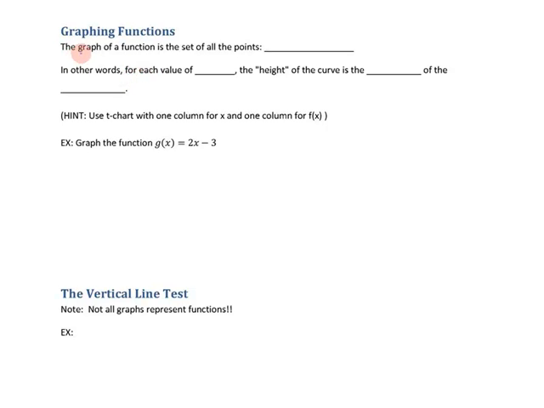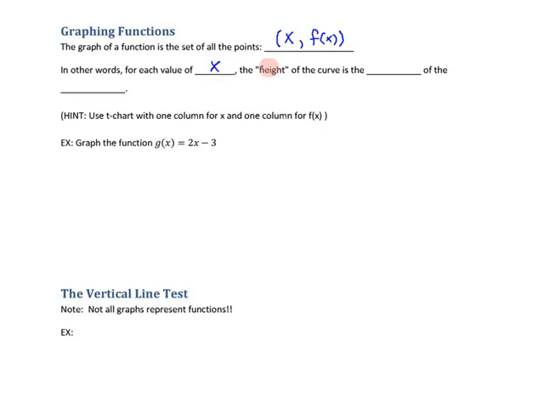What we're really going to be doing is we're going to graph or plot the set of all points where x is your input and your second coordinate, your y coordinate or height of your point, is the output of your function. So instead of graphing x comma y, where y is a variable in your equation, we're now graphing x comma f of x, where x is your input, f of x is your output.